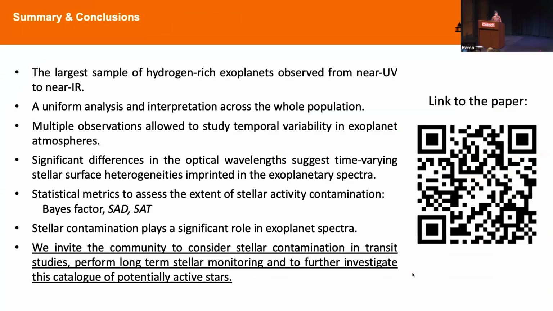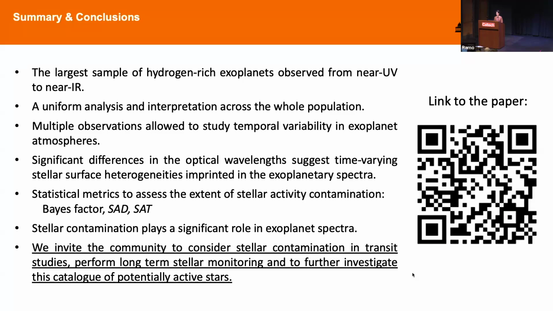So I'm going to leave my summary slide here, but I would like to conclude with a message for the community, which is to please consider stellar contamination in your transit studies, because we see there is a widespread effect and it needs to be taken into account, even though it might not be there, but it's still important to take into account.